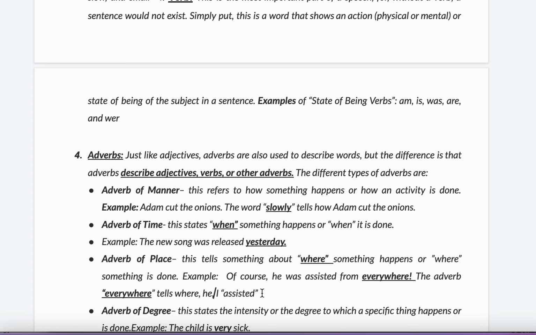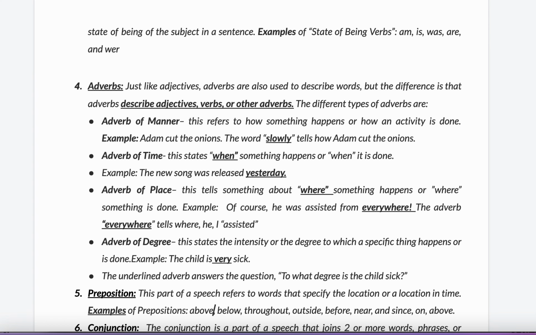So everywhere is talking about location. Okay, so for everywhere, we have to use adverb. When we want to talk about everywhere, and somebody says, what's the position of everywhere in the English language, we just say it's adverb of place.